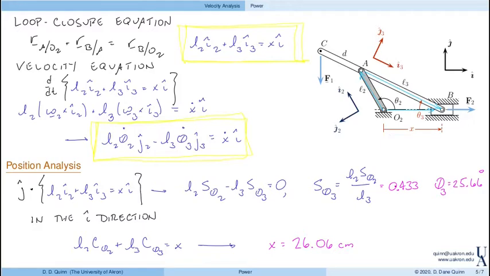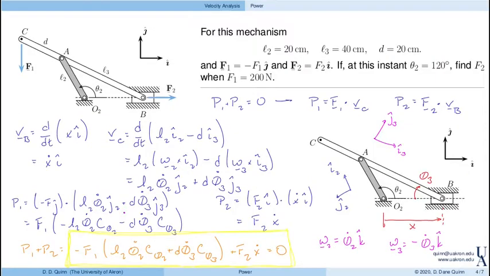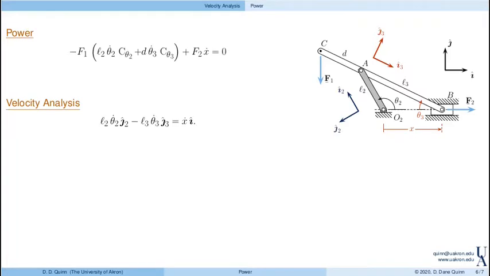We've determined the configuration, but we still need to go through and relate theta 2 dot, theta 3 dot, and x dot, because that was part of the power equation. Okay. Again, here's the power equation.